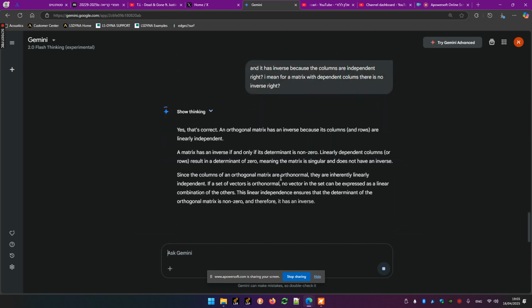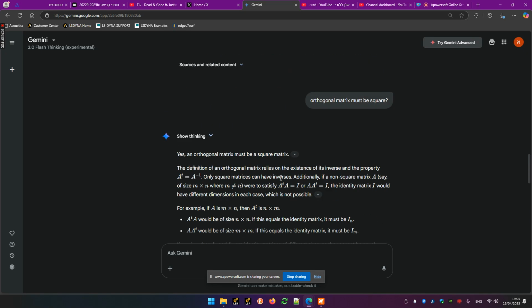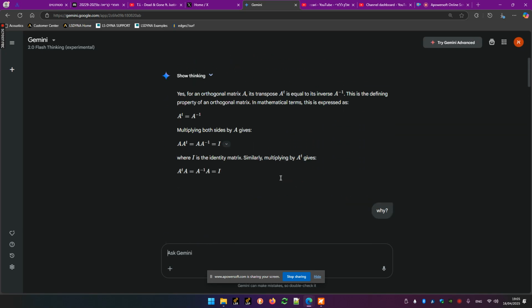So we need it to be square, so we get an inverse because the columns are orthogonal to each other, so they must also be linearly independent, because orthogonal vectors are linearly independent. And that is the idea why A transpose equals A inverse holds for orthogonal matrix.